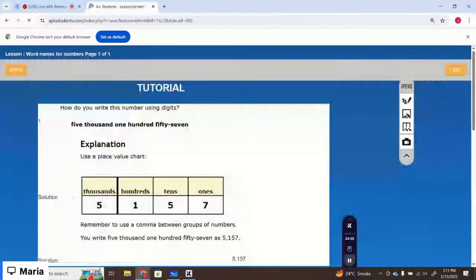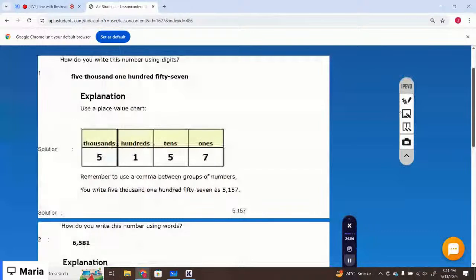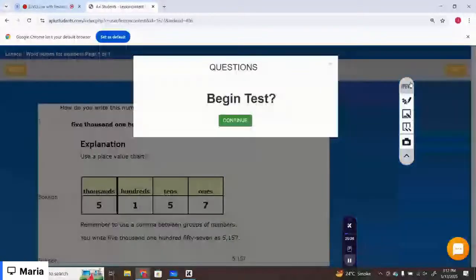The next lesson is word names of numbers. How do you write this number using digits? 5,157. Let's just start with the test questions.